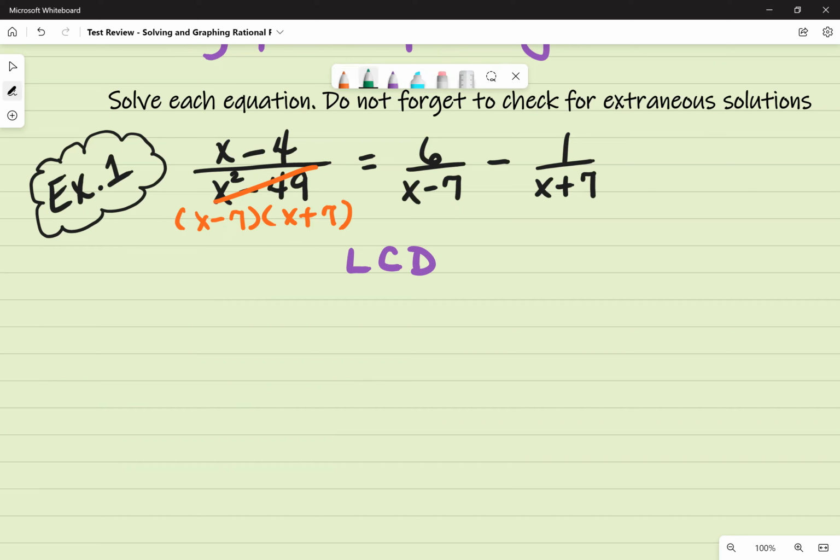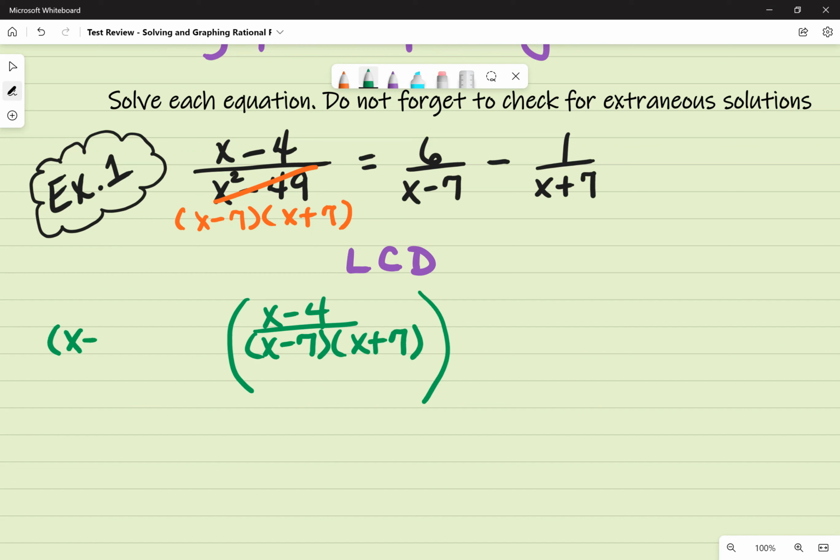And what I'm going to do with that information is I'm going to multiply each fraction that's already given. So this x minus 4 over the quantity, and I'm going to put it in factor form. I'm going to multiply both of those by my least common denominator. So on the outside, my least common denominator is x minus 7 times the quantity of x plus 7. And what I do to one side, I do to the other.